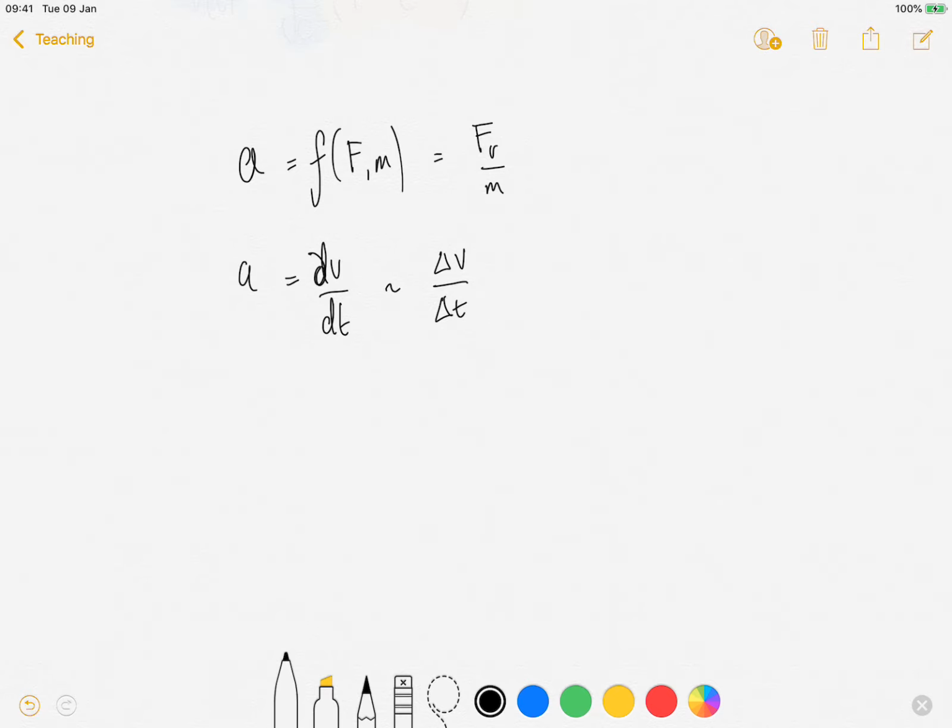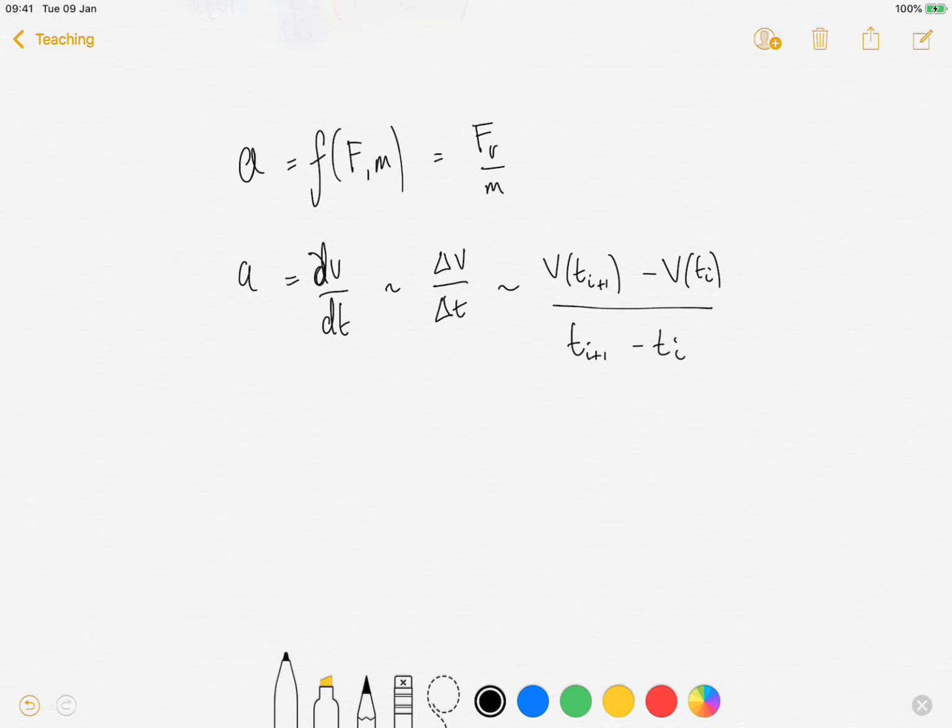So what this means is that the difference of the velocity with respect to the difference of time, which is our acceleration, is proportional to the force divided by the mass. And we can again rewrite this to the velocity at time t of i plus 1 minus the velocity at our current time step, divided by our future time minus current time.